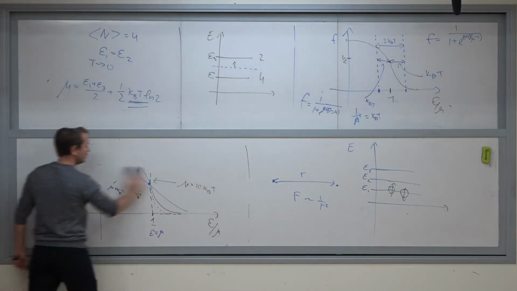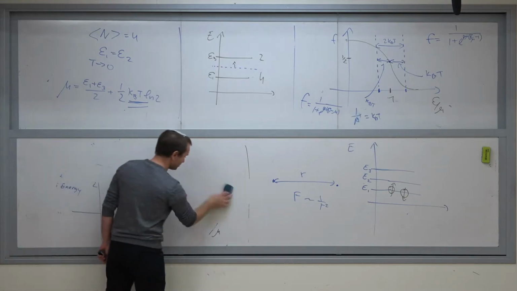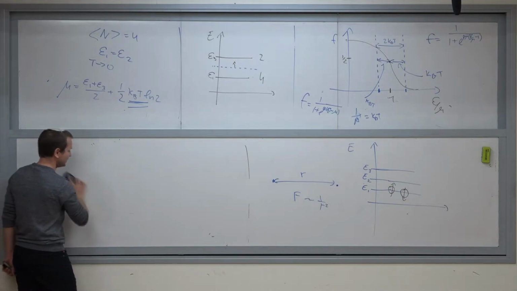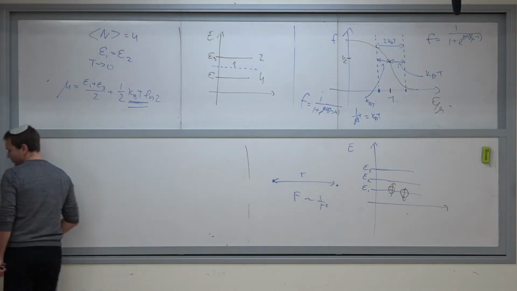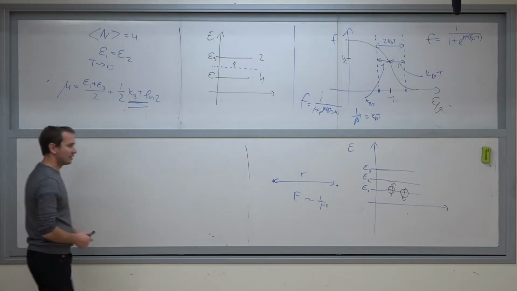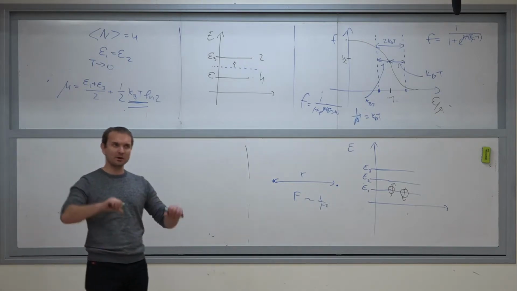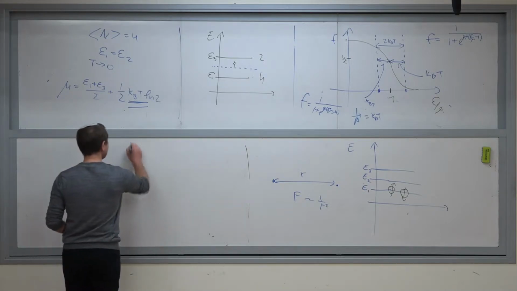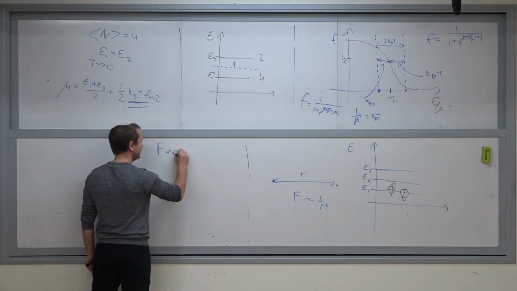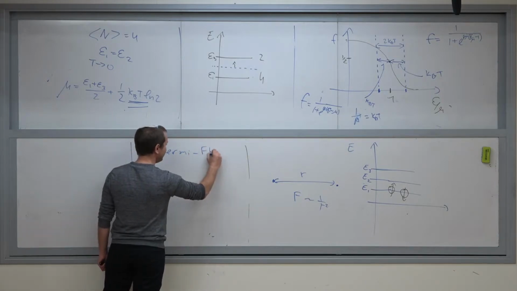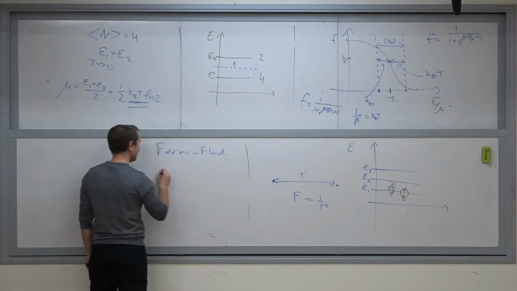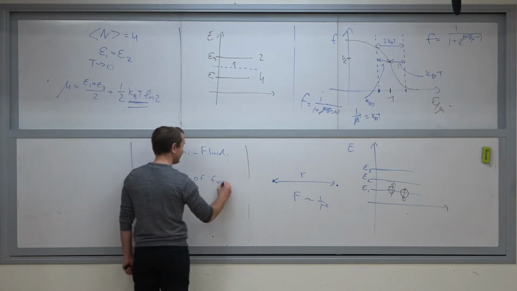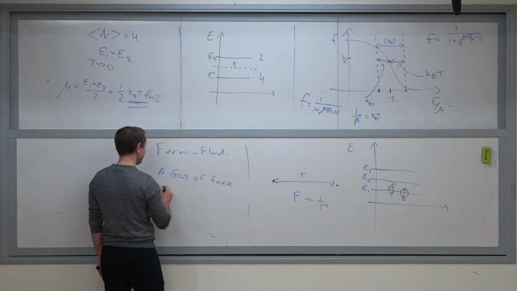Fermi fluid is particles or electrons that sit inside the metal, and they completely do not care about each other. They only care about not occupying exactly the same state because of the Pauli exclusion. So a Fermi fluid is a gas of free fermions.